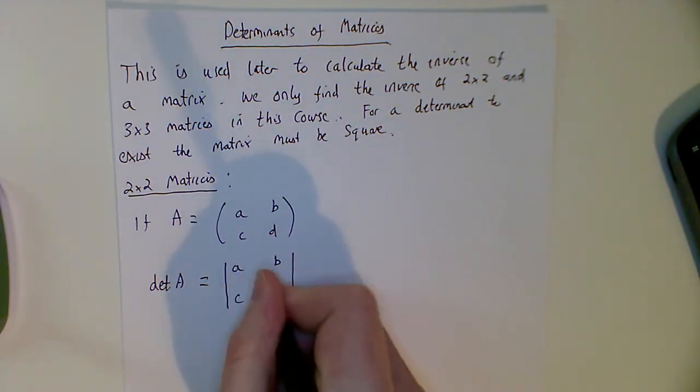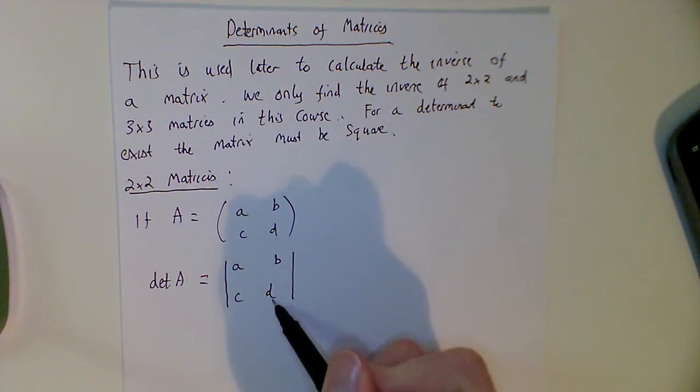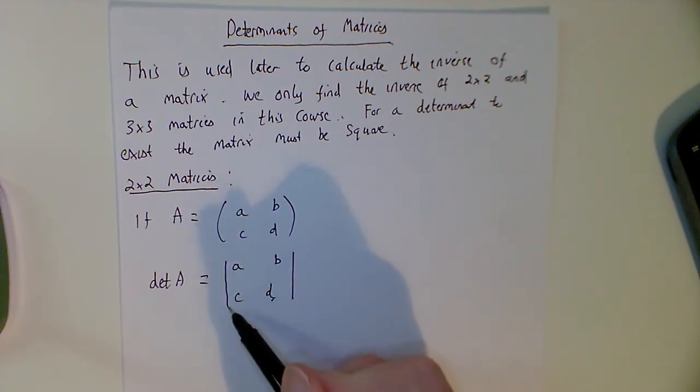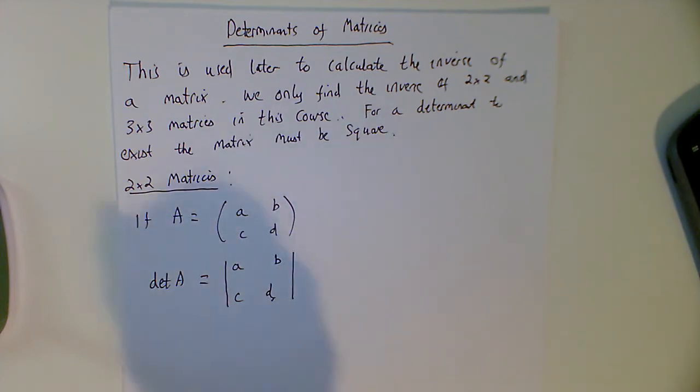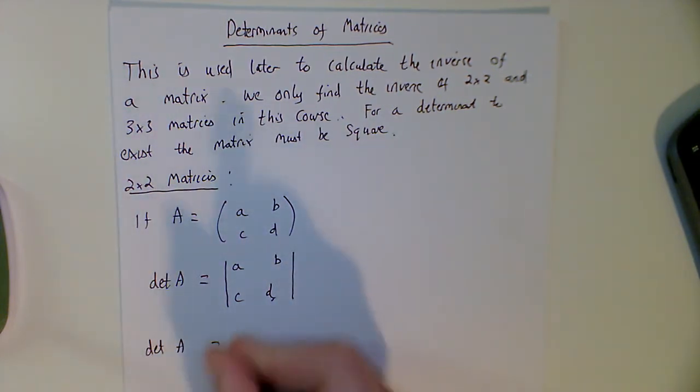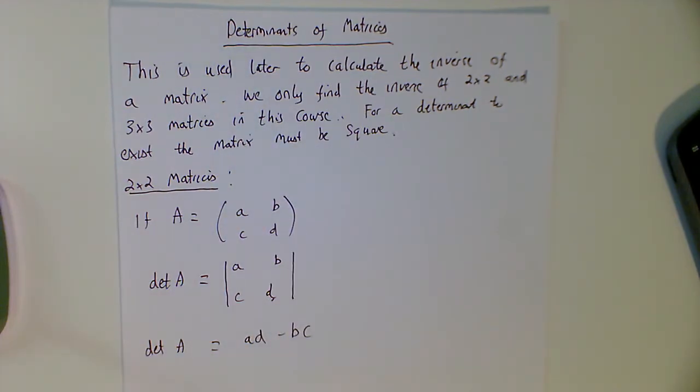Or look more like absolute value symbols, but don't really think about it like that. Right, now, in order to find the determinant of a 2 by 2 matrix, you simply multiply AD and you take away BC. So it's A multiplied by D, take away B multiplied by C. So det A is AD, take away BC.